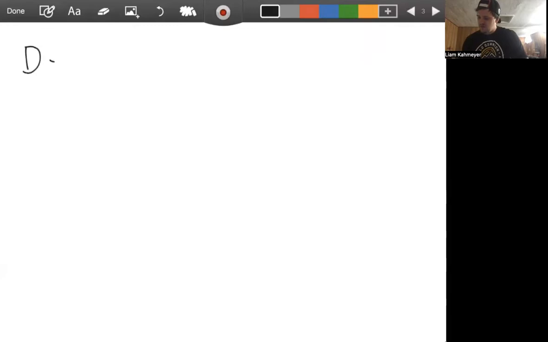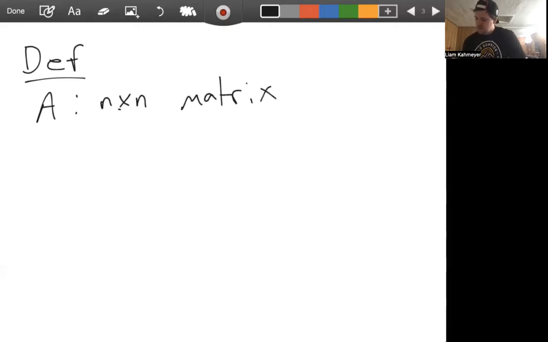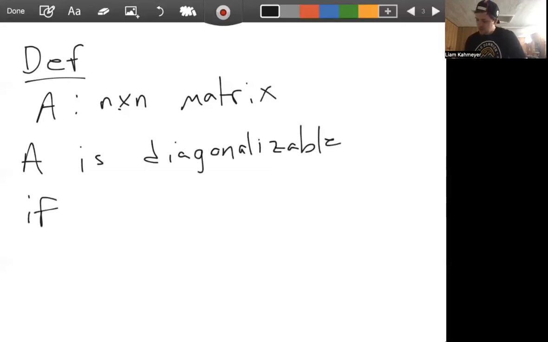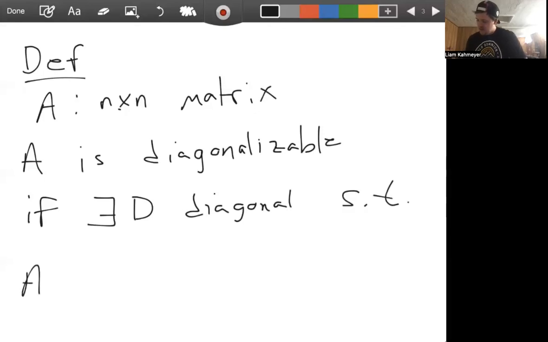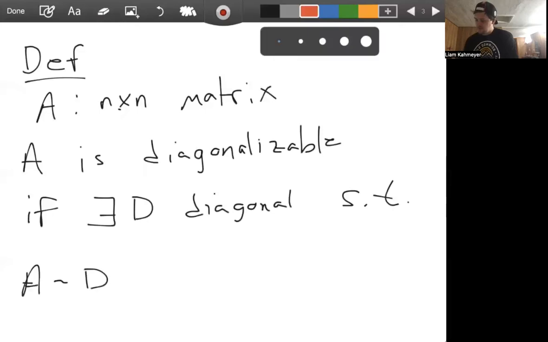So here's a definition. Let A be an n by n matrix. We say A is diagonalizable if there exists a diagonal matrix D such that A is similar to D. And remember, what does similar mean?